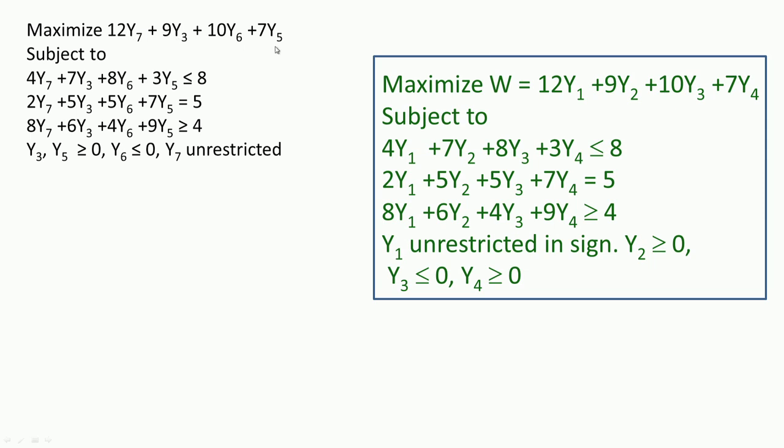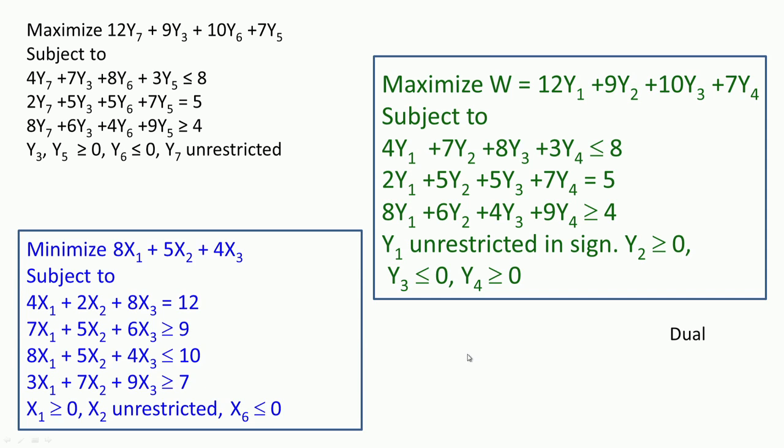To be consistent, we call them y1, y2, y3, y4. So y7 becomes y1, y3 becomes y2, y6 becomes y3, y5 becomes y4, and it is rewritten this way. So the dual is now a maximization problem with 4 variables and 3 constraints.